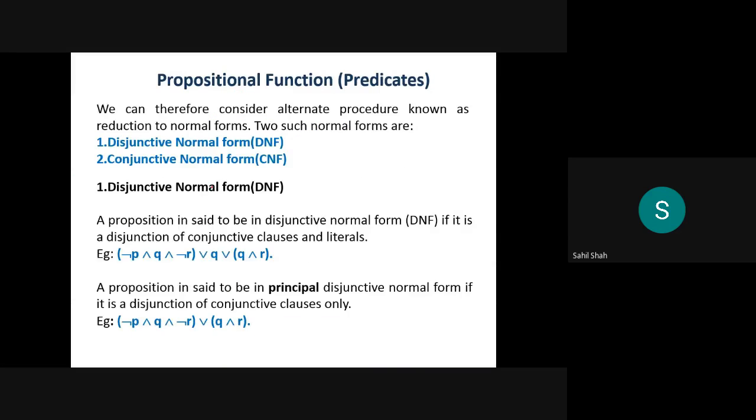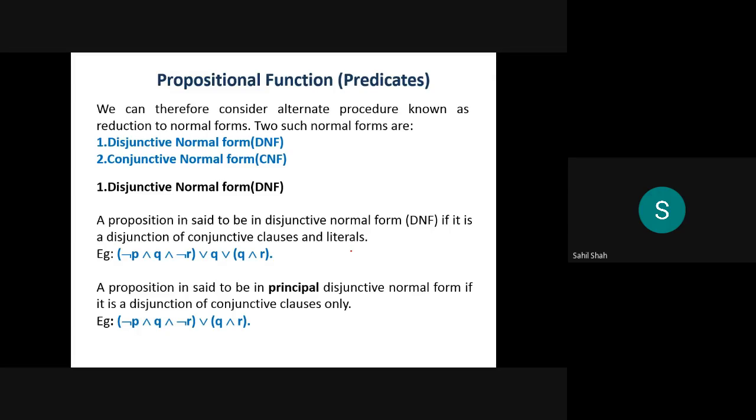Moving further, we can therefore consider an alternative procedure known as reduction to normal forms. Two such normal forms are disjunctive normal form and conjunctive normal form. So what do you mean by DNF? Disjunctive normal form. A preposition is in disjunctive normal form if it is a disjunction of conjunctive clauses and literals.